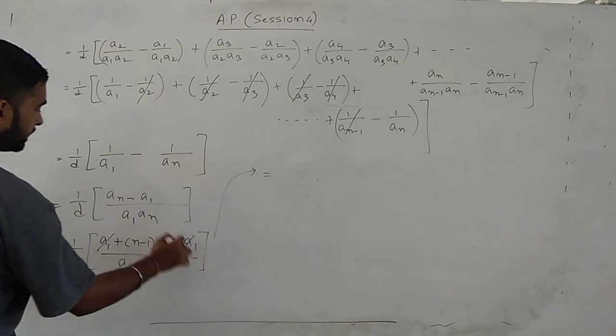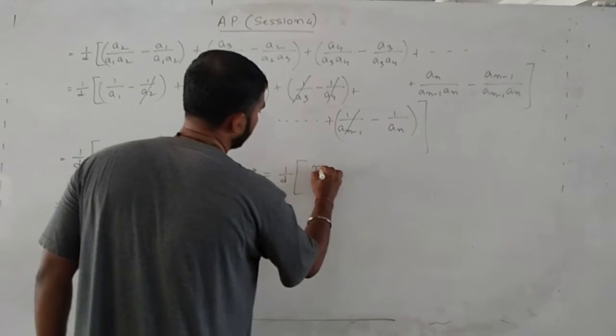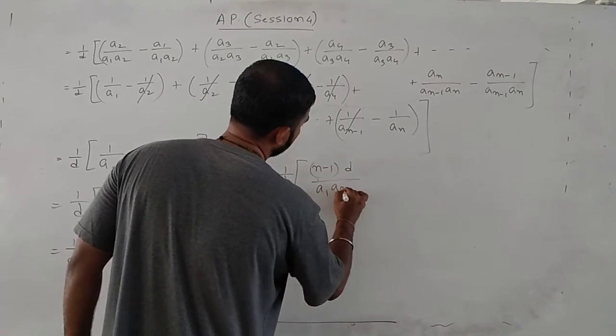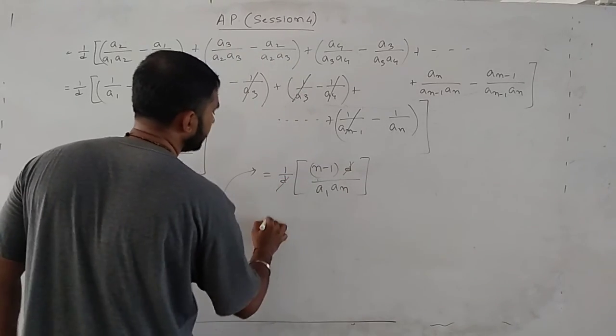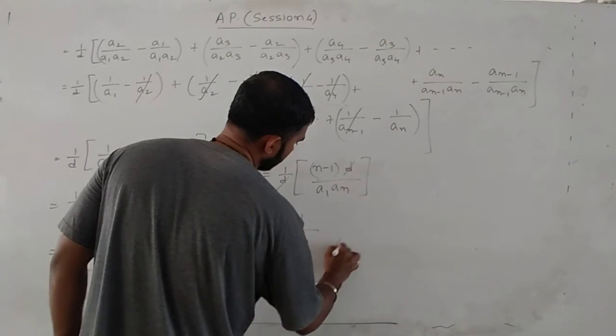Here plus a1 minus a1 cancel, 1 by d, n minus 1 into d by a1 an. d cancels, so this is the result, n minus 1 by a1 an.